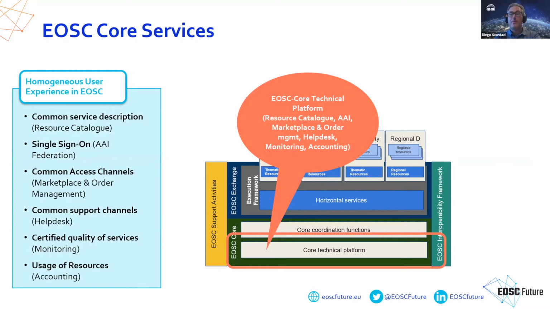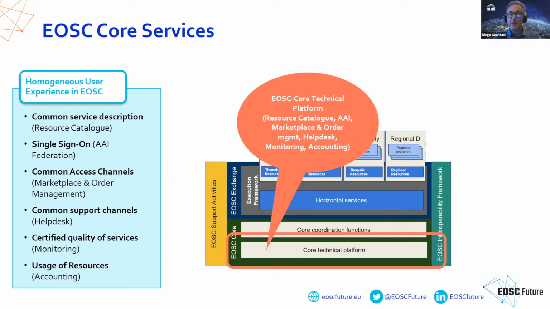The core technical platform is made of the EOSC services. The EOSC services are a set of components that allow researchers to have a homogeneous user experience in EOSC. What does that mean? For example, one key component of the EOSC core technical platform is the resource catalog.